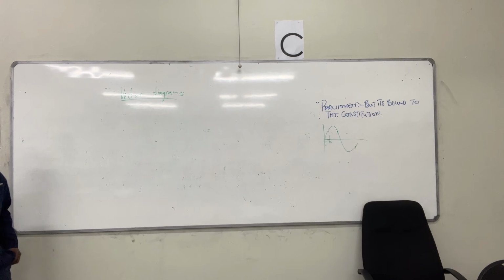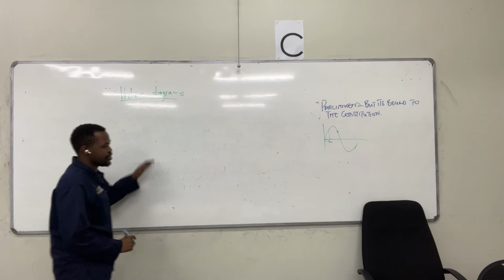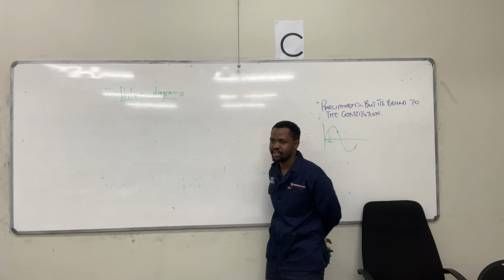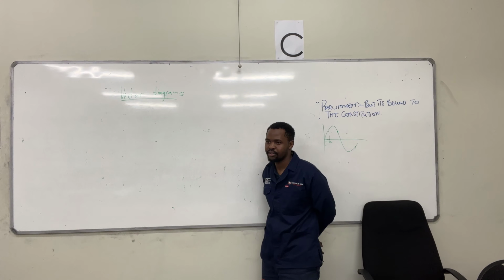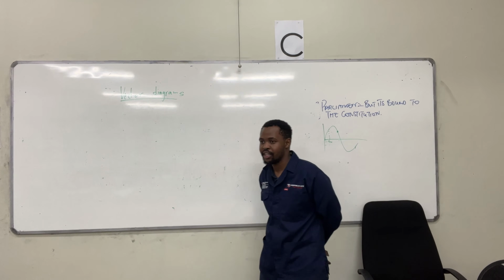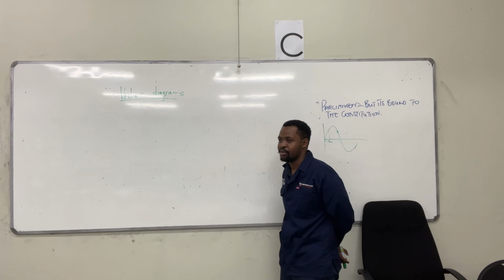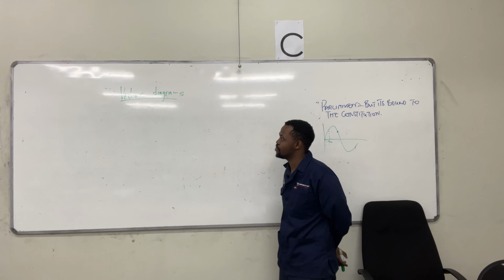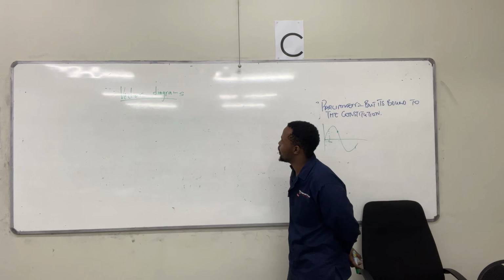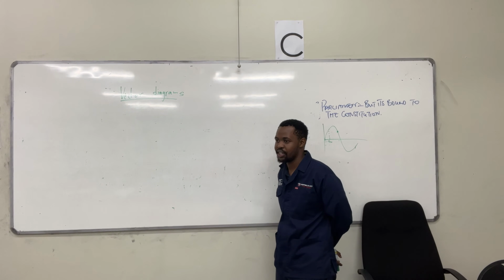Guys, people fail technical subjects because of this thing. They don't understand their vector diagrams. You're going to have a problem if you don't understand a vector diagram, because a vector diagram simplifies these calculations we'll be doing now.